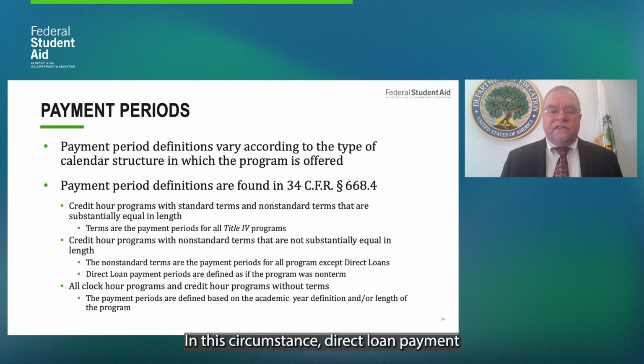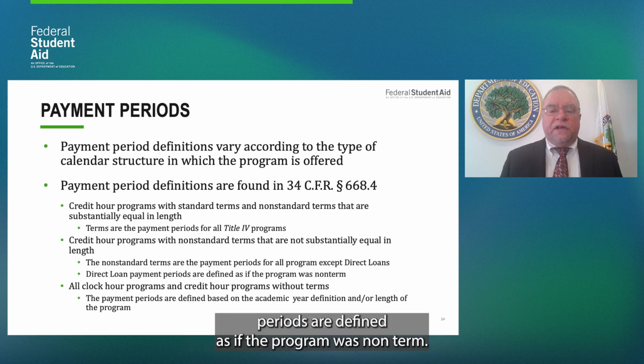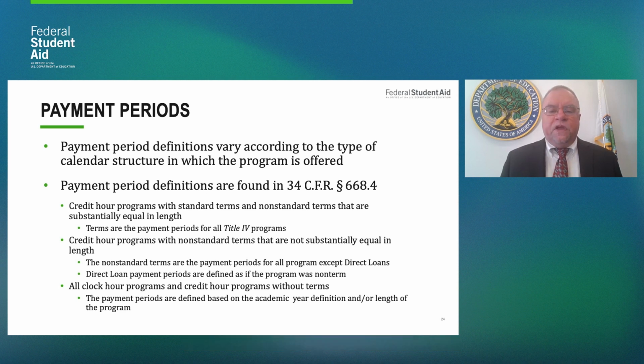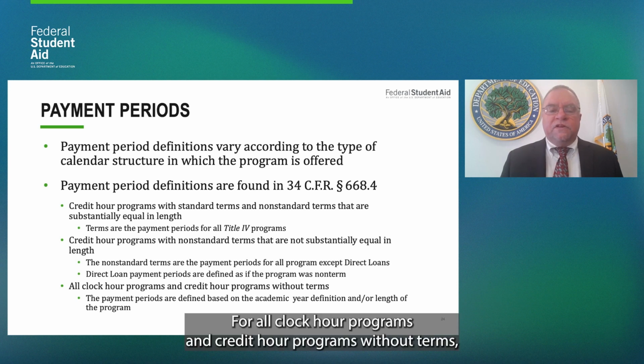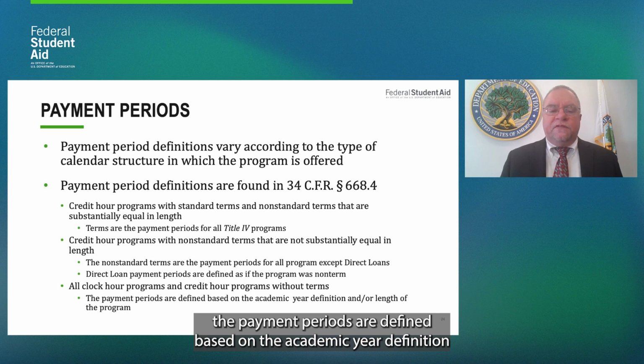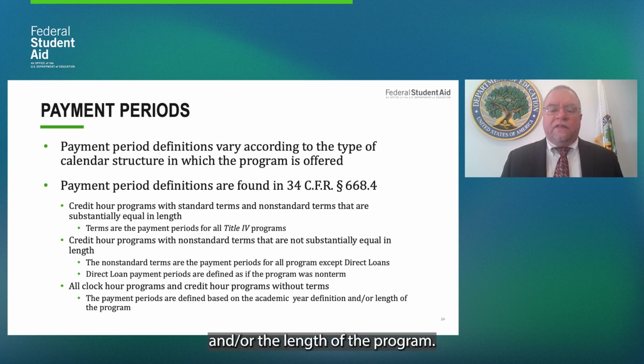In this circumstance, direct loan payment periods are defined as if the program was non-term. For all clock hour programs and credit hour programs without terms, the payment periods are defined based on the academic year definition and/or the length of the program.